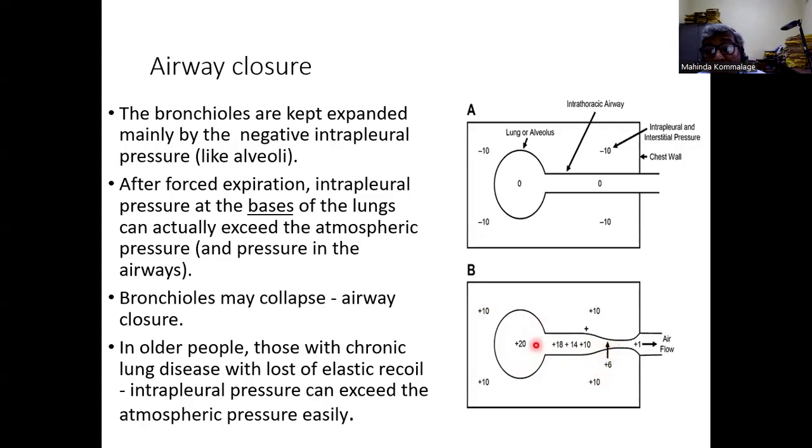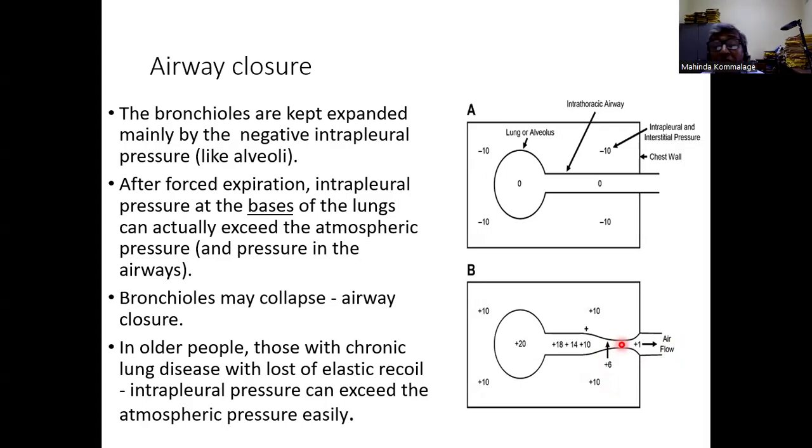Because the airway collapses here, the alveolar air cannot go out. We call it air trapping. Especially at the base of the lungs, this air trapping will occur because of the compression of the airway. If air trapping occurs, that will affect our ventilation ability, or alveolar minute ventilation will reduce and gas exchange will be impaired.